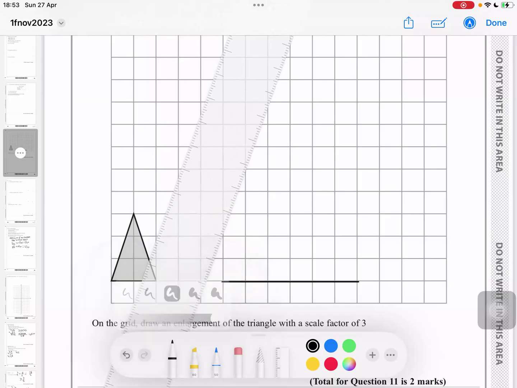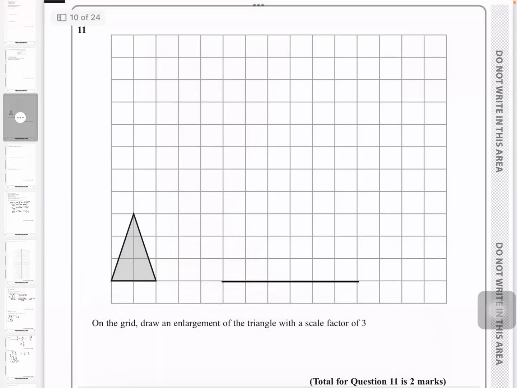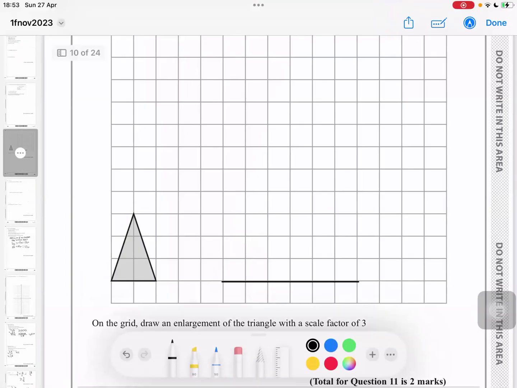Okay, so I think the height is 3 squares, right? Yes. To be on the safe side, you should work with the height. So the height would be 9 squares.